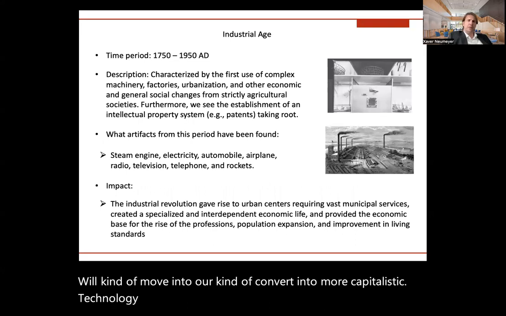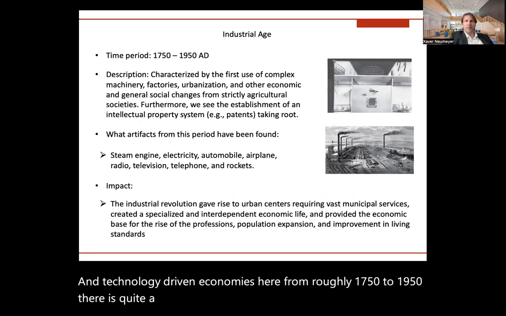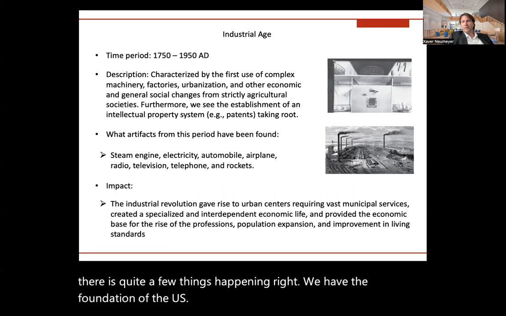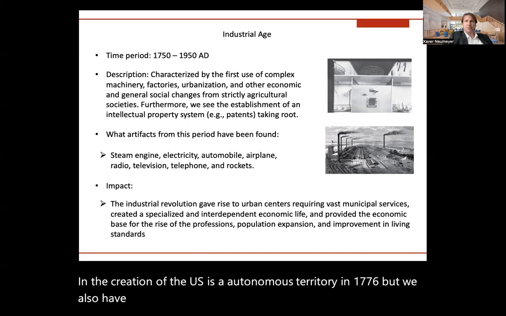Here, from roughly 1750 to 1950, there are quite a few things happening, right? We have the foundation of the US, the creation of the US as an autonomous territory in 1776. But we also have the emergence of intellectual property systems.